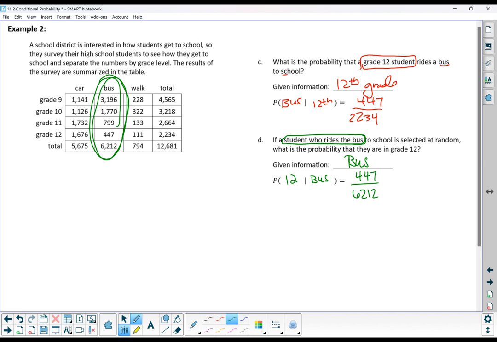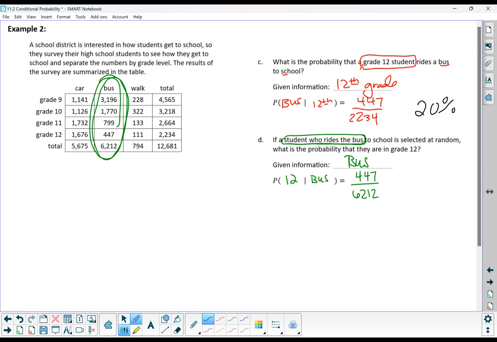So these two have the same numerator, these two examples that are on the screen right now. But because their denominators are different, their probabilities are a lot different. So if I calculate that first one as a percentage, this is 20%. So if I look at all the 12th graders, 20% of them ride the bus.